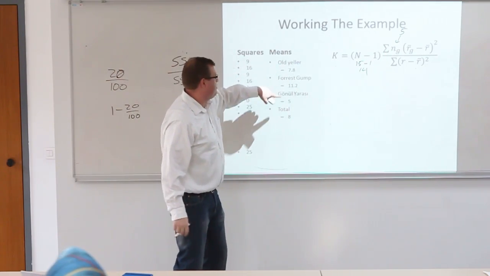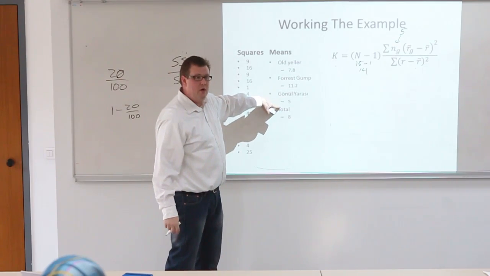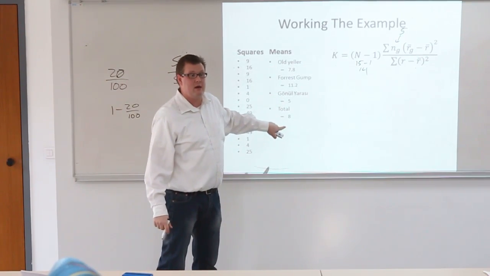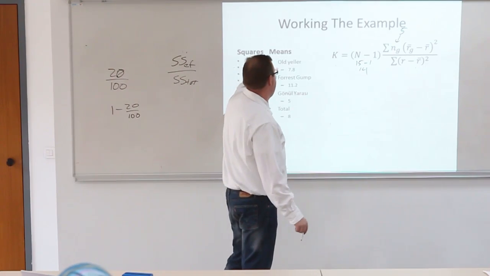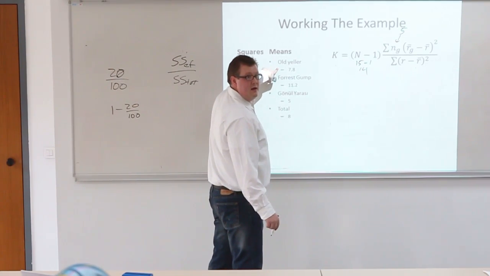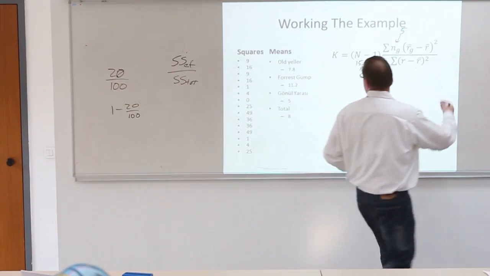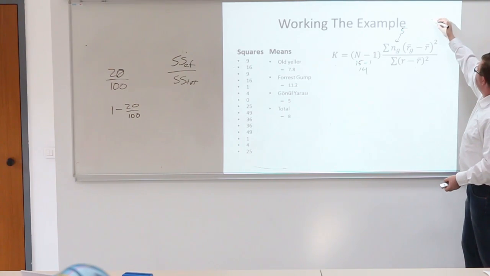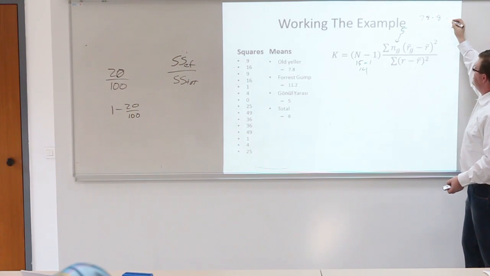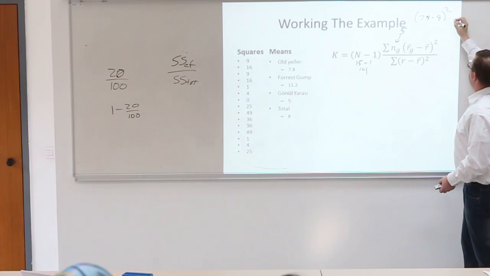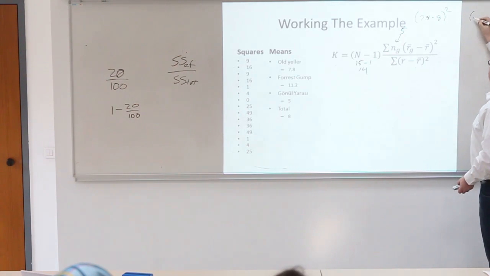So for each group mean rank, we are going to subtract the grand mean rank from each of those groups. So what are we going to have? Minus 0.2, so what you did was 7.8 minus 8. We're going to square that. So this was minus 0.2 squared.